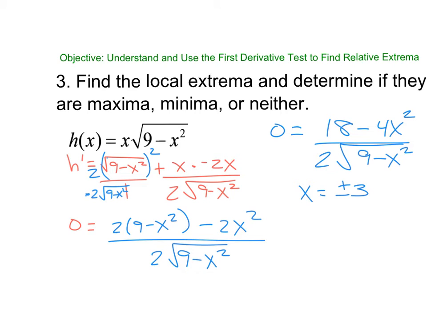The top equal to 0, we get x squared equals 18 over 4. So x equals plus or minus square root of 18 over 2, which is 3 root 2 over 2. It's a 9 times 2. All right, so we got 4 numbers here. Ugh, this is a lot of work.